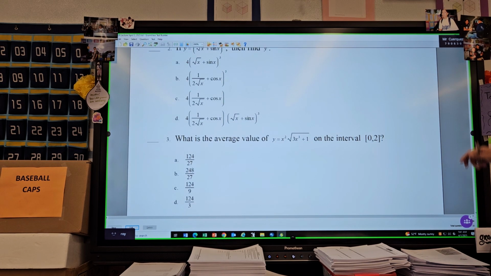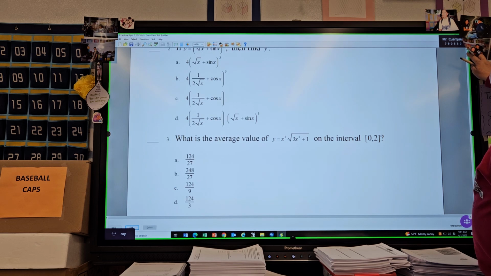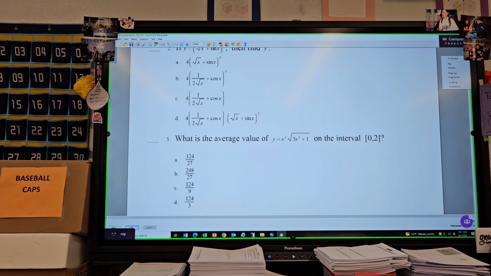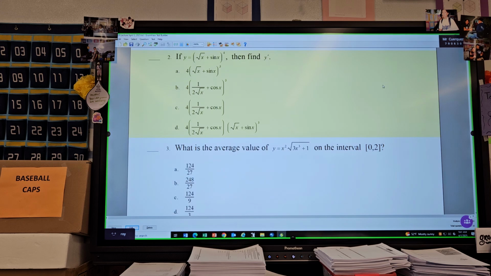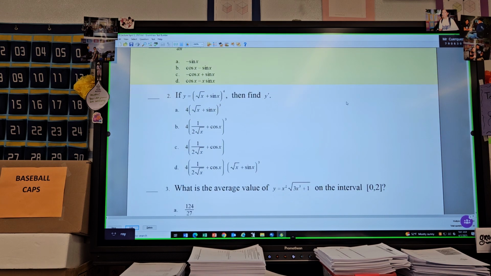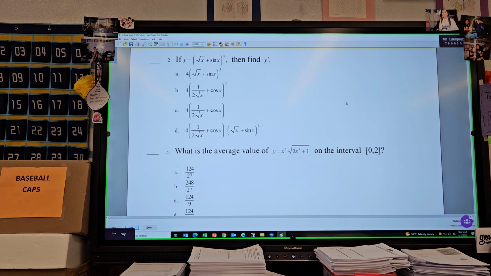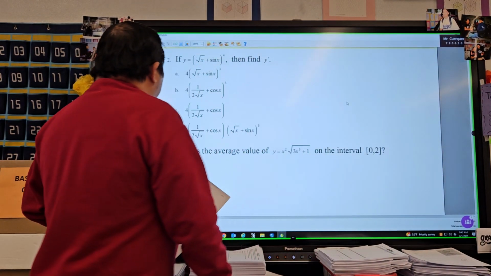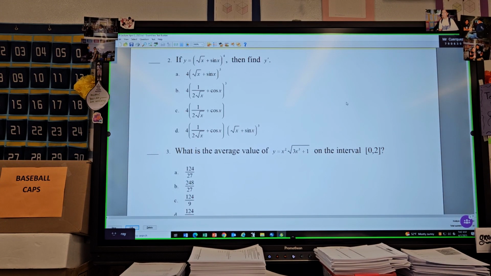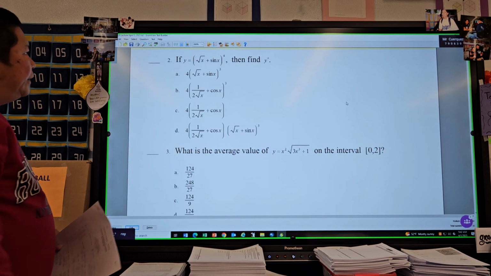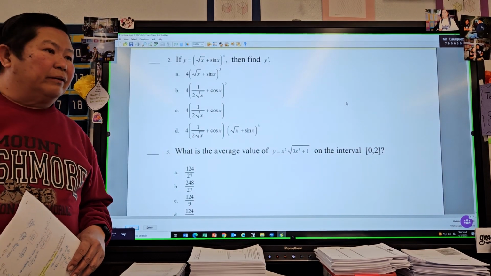So number 2. The problem says if y equals the square root of x plus sine x to the power of 4, then find y prime, meaning derivative, right?